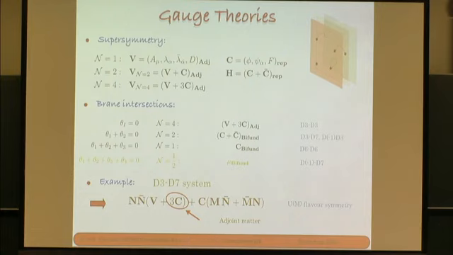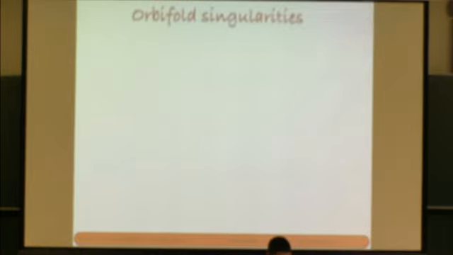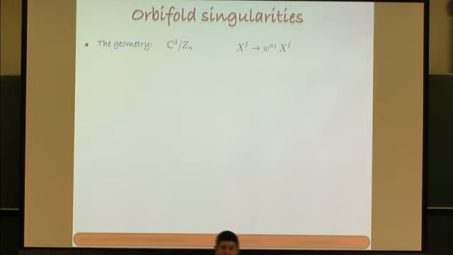Therefore, we should use some orbifold to project out all these states. So I will always start from this system, put it in a curved space, and project in such a way that all this adjoint matter goes away. This is the type of geometries I will consider, C^3 divided by Z_n.